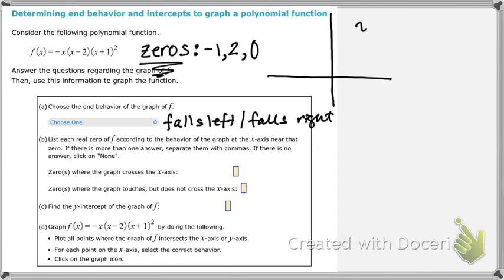So before I answer the questions down here, let's just take a look at interpreting. I want to interpret this and show you what we can do with all this information. So I've got a 0 at -1.